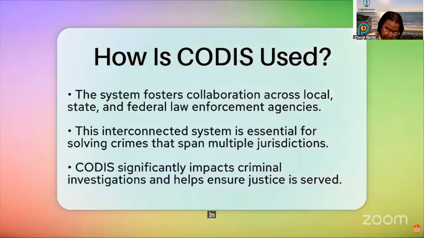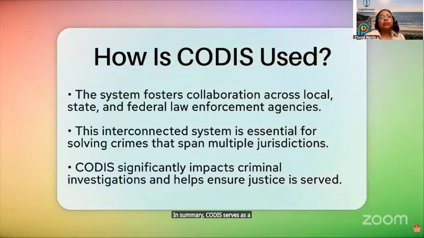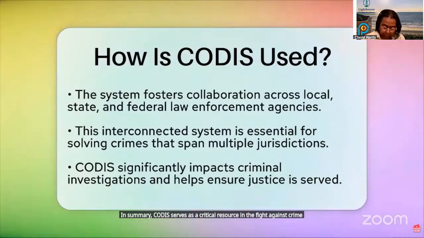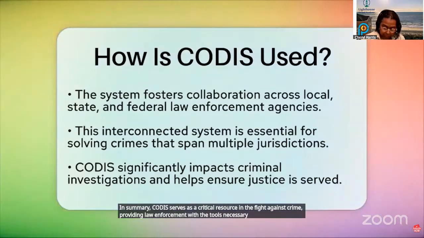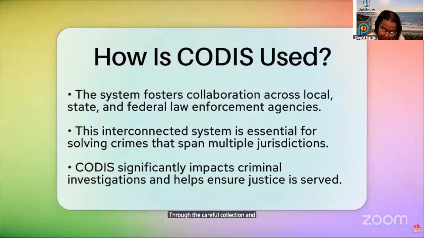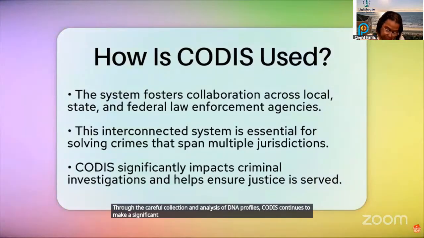In summary, CODIS serves as a critical resource in the fight against crime, providing law enforcement with the tools necessary to identify suspects, solve cases, and ensure justice is served. Through the careful collection and analysis of DNA profiles, CODIS continues to make a significant impact on criminal investigations nationwide.